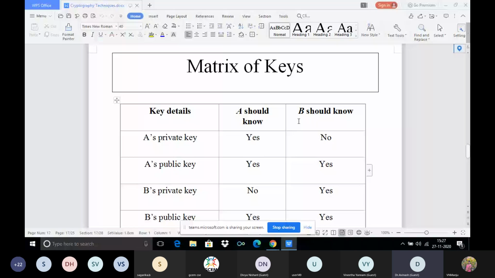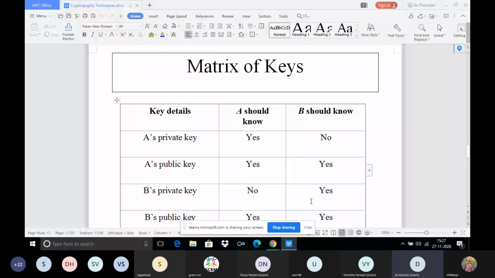In both cases the values are yes, because it is the public key. But when it is B's private key, then A should know no, A should not know this private key of B, because it is the private key of B. So in the matrix of keys, here it is no, here it is yes.